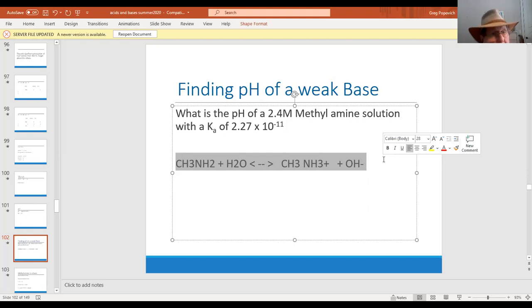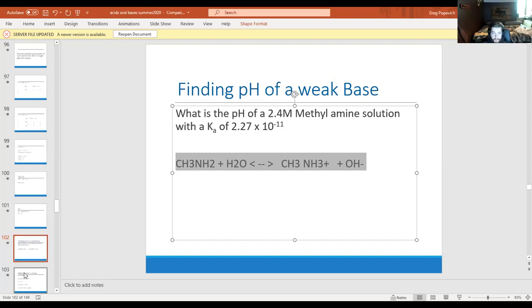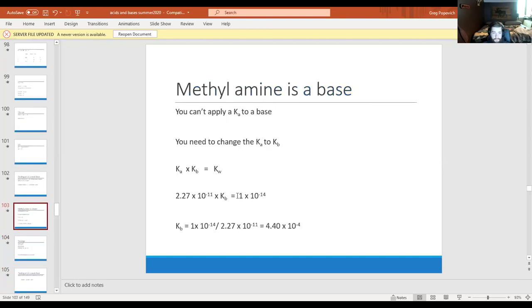However, a Kb is going to employ the concentration of OH minus. So if I have a way of turning my Ka into a Kb, I can solve this problem. Make sense, Parker? Yes, I have that.